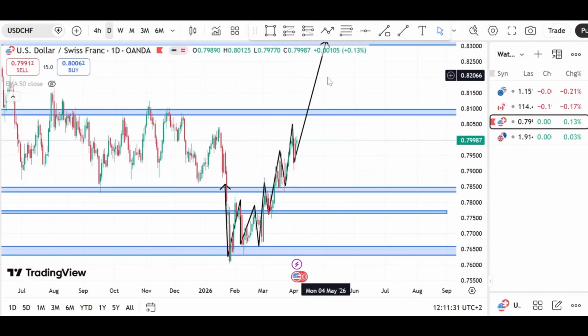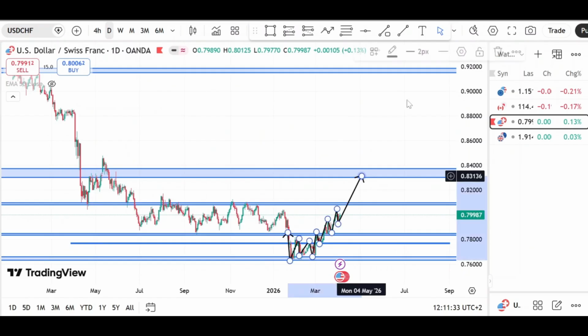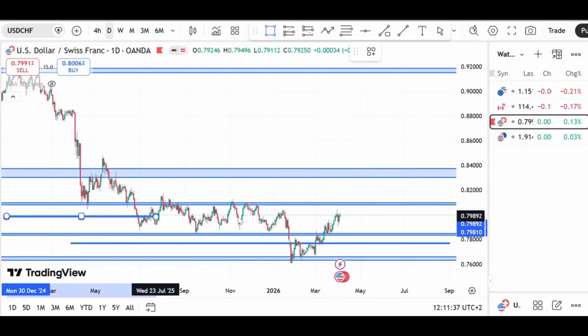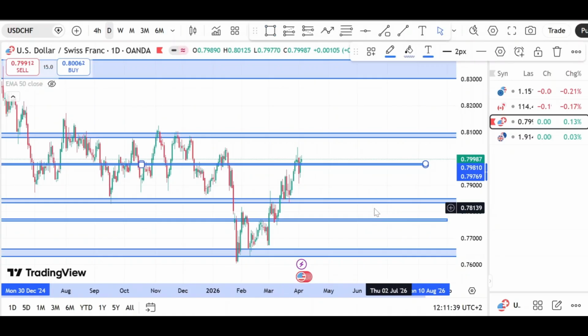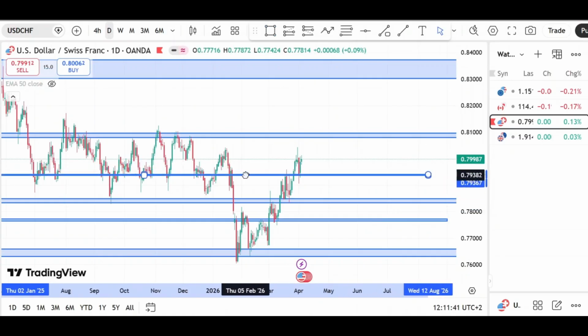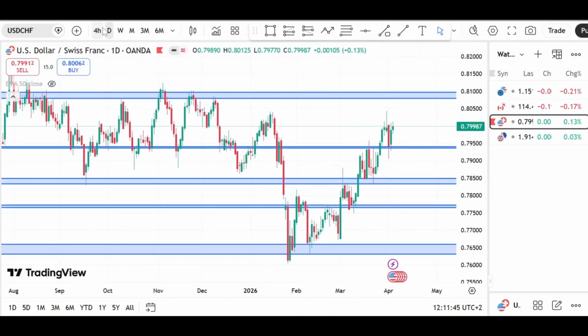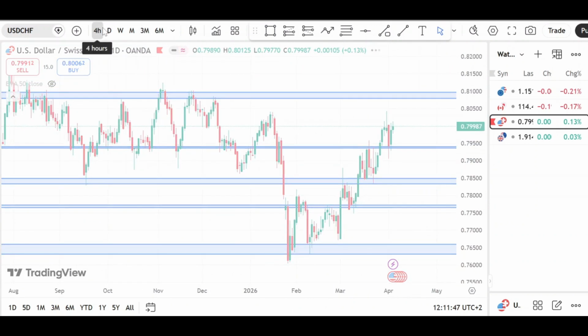So let us see if we can capitalize on this retest move. This is the daily midway zone. Let us go to H4 to see if we can get an entry.